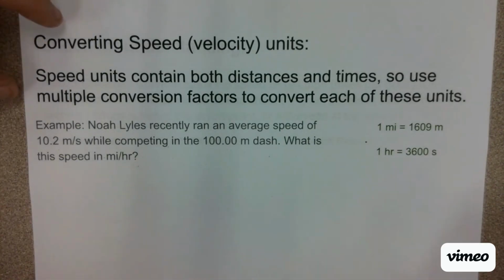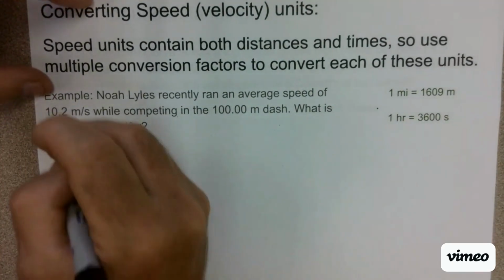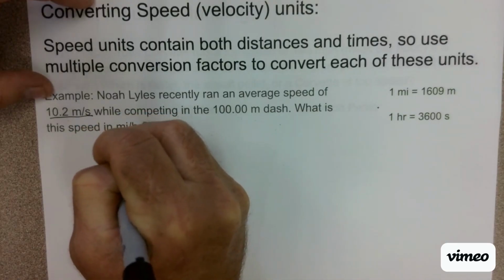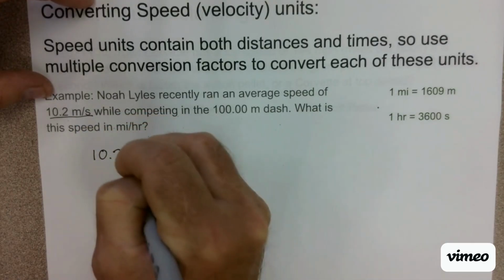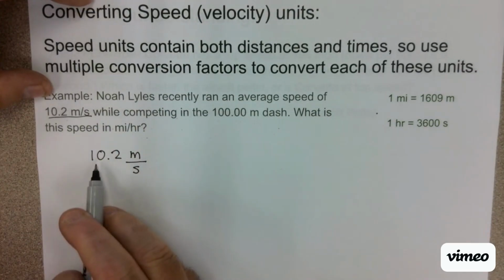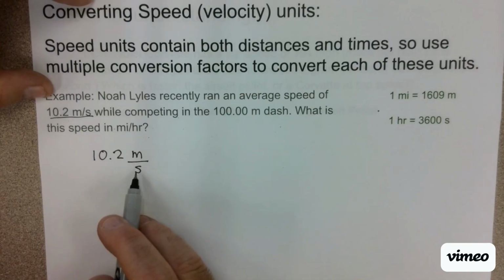So here's how I'm going to set this up with the factor label method. When I write the speed that I'm trying to convert, I'm going to write it as 10.2 meters over seconds. It's really the same thing as saying I would run 10.2 meters in 1 second.